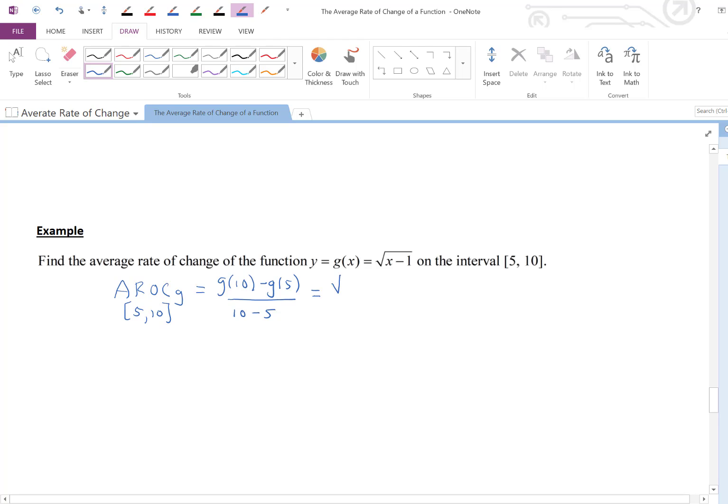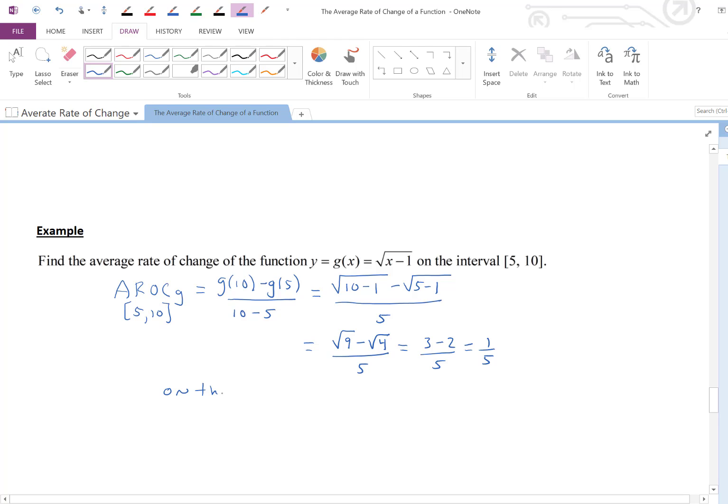Now just plug it in. First one, square root of 10 minus 1, minus the quantity, plug it in, square root of 5 minus 1, all over 5, and that is square root of 9 minus square root of 4, all over 5. Square root of 9 is 3, minus square root of 4 is 2, over 5, so 1 over 5. So what's that tell us?